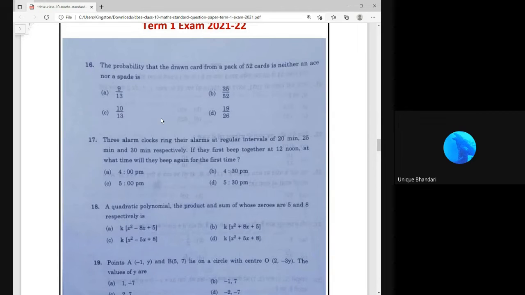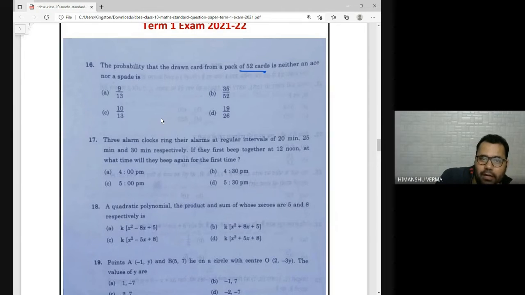Yes, sir. We have done this question. 52 cards, neither an ace nor a spade. There are 4 aces, and there are 13 spades. But you have already included one spade in this case. So only 12 spades are there.